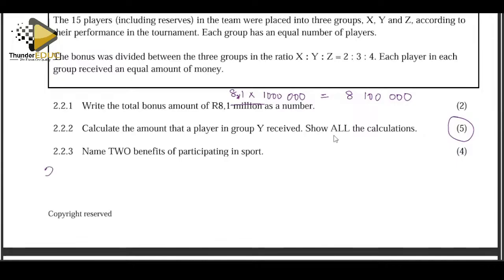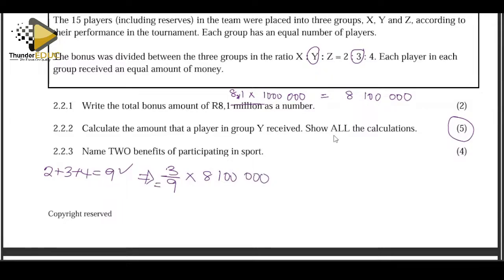First and foremost, add the ratios, which gives you 9. Out of the 9, Y gets 3, because Y is in between. So Y gets 3 out of the 9 times the money they are going to share.